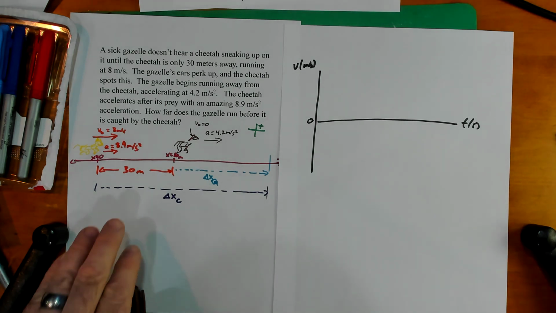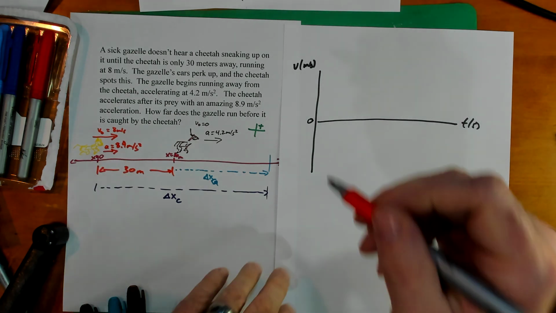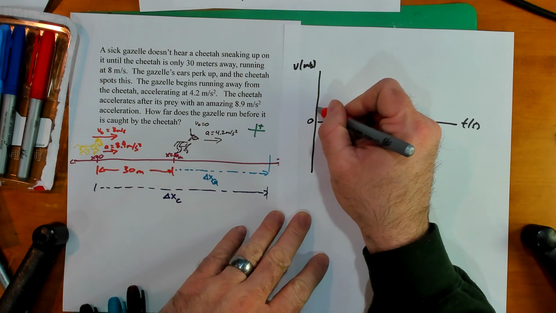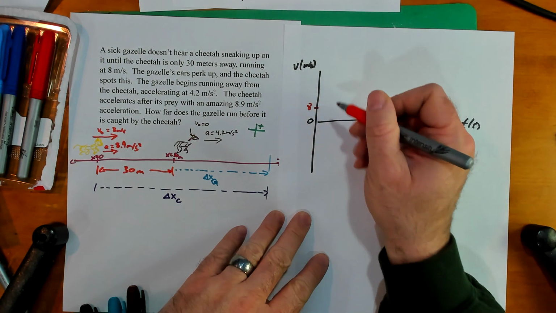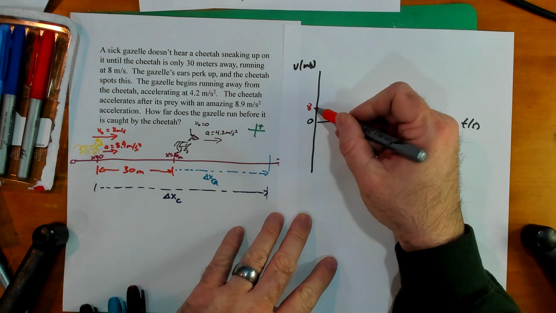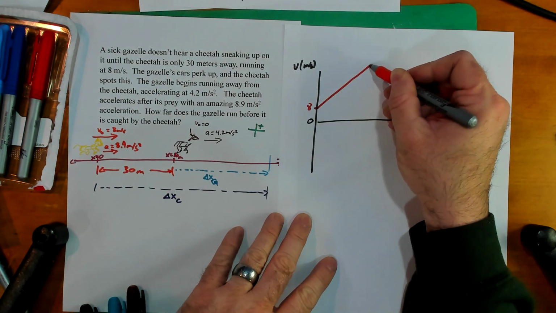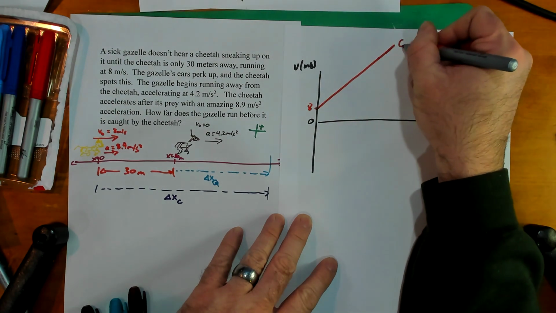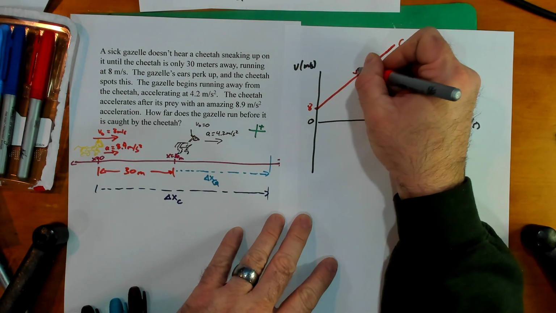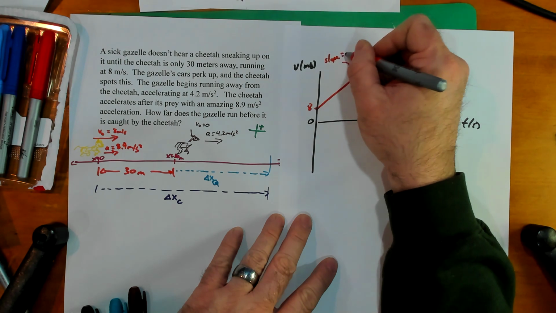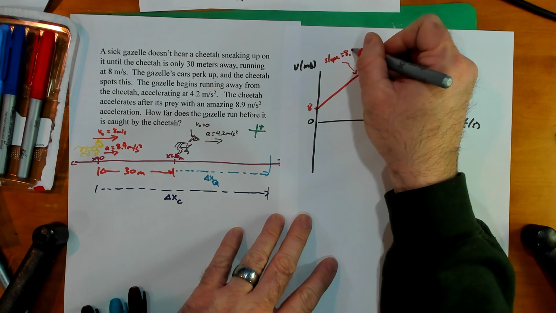Now, let's see, the cheetah starts off running with a velocity of 8 meters per second. So it starts off here at 8, and then it's getting faster with an acceleration of 8.9. So that's a real steep line, right? Again, this is the cheetah. I know that the slope of that is the acceleration, which is 8.9 meters per second squared.